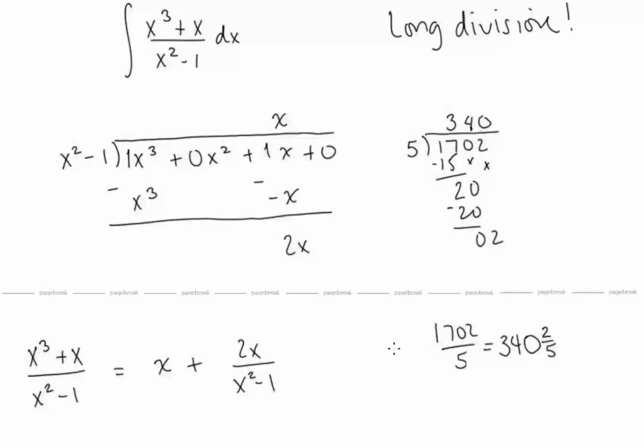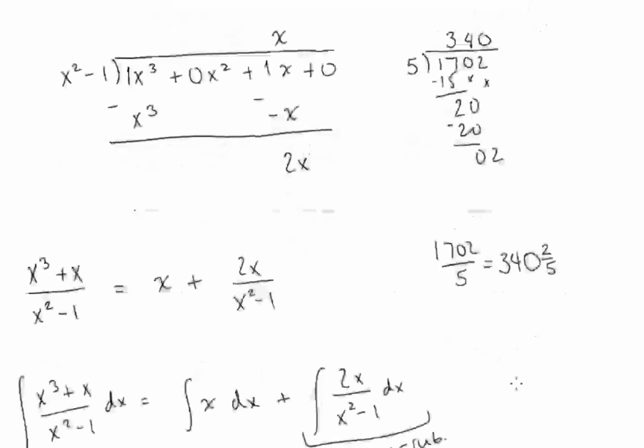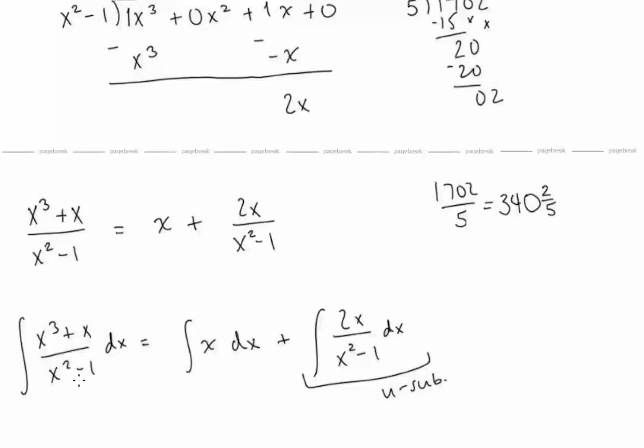The same way 1702 over 5 was equal to 340 plus 2 over 5. So now we can replace our original rational function by x plus 2x over x squared minus 1.